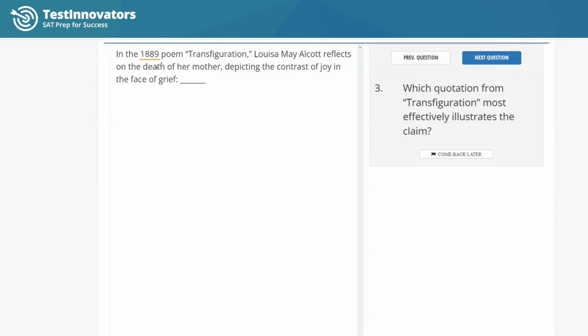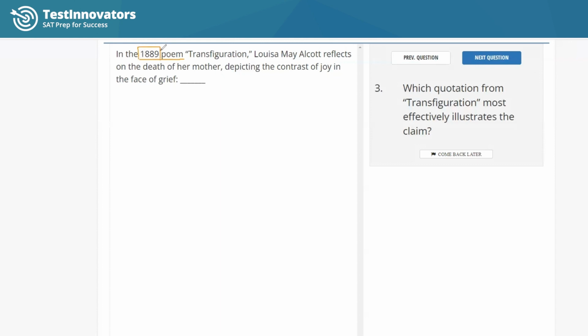So we want to brace ourselves first. This is not going to be language that we use every day. To add on to that, this is going to be a poem, so we're probably going to see a lot of figurative language here. Language that's not literal.